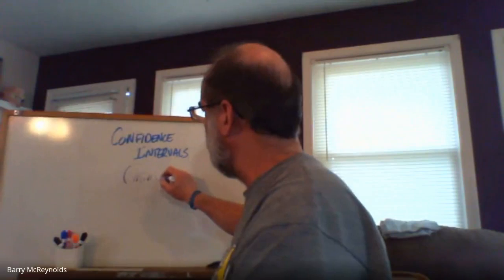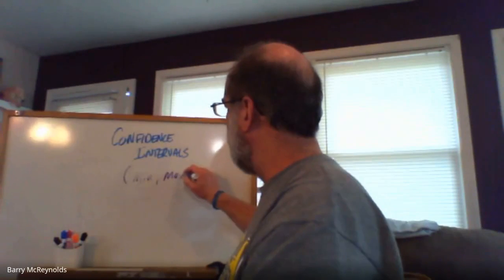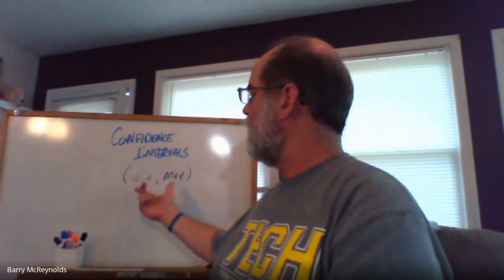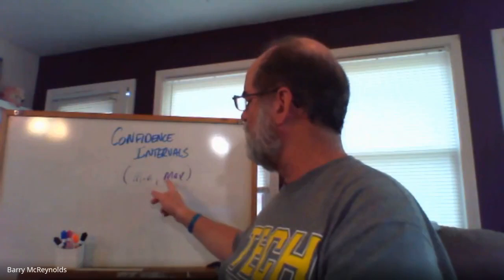So we will come up with a value for the minimum and a value for the maximum, with which we have a certain level of confidence that our population parameter that we're looking for, whether it's a proportion, a mean, a standard deviation, range, IQR, whatever it is, is contained between these two values.